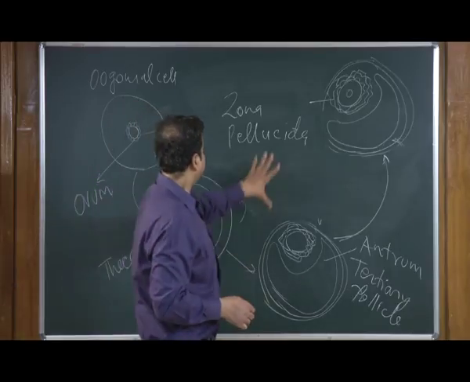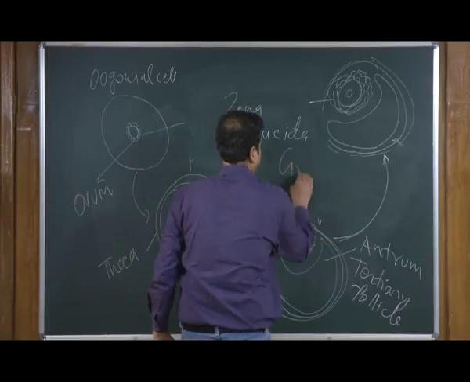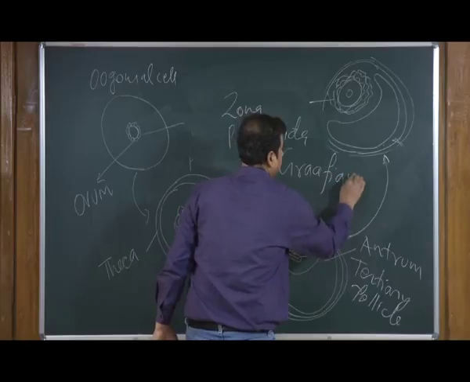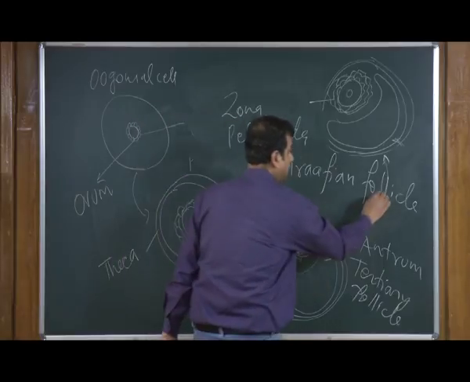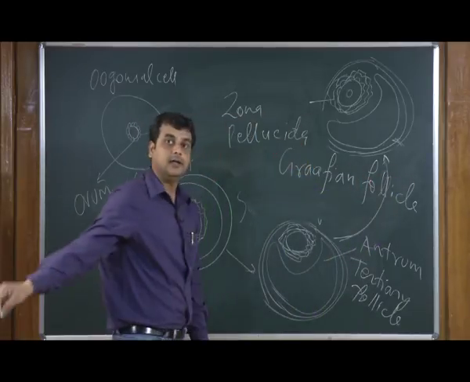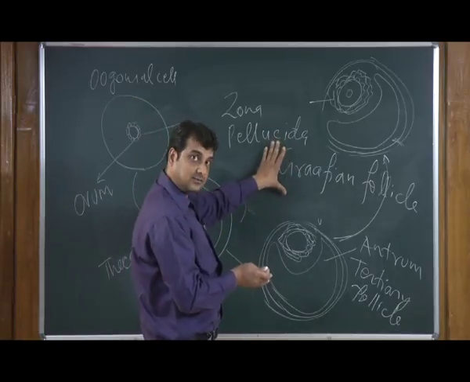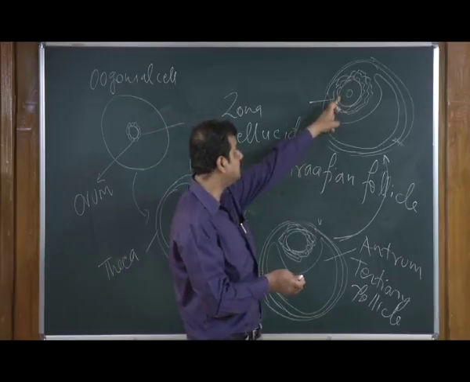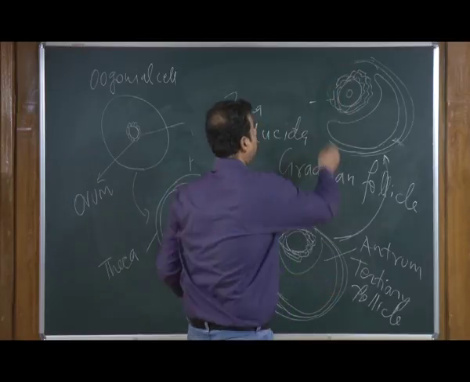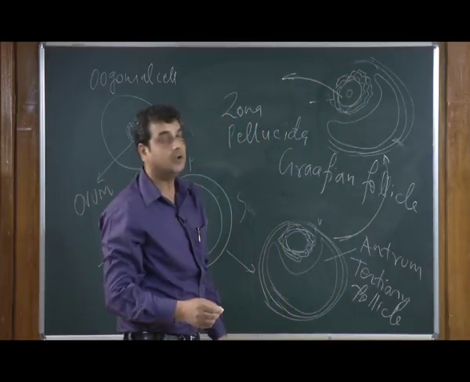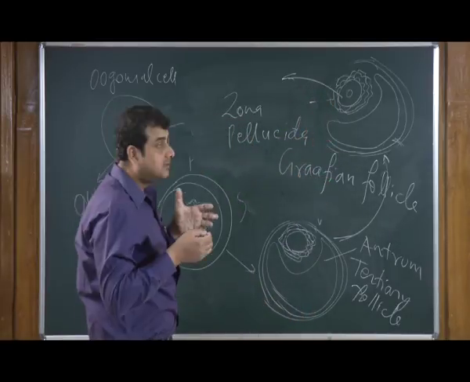Now this matured structure containing the zona pellucida is what we call the Graafian follicle. The Graafian follicle is the matured follicle having the zona pellucida layer containing the ovum. This structure is going to release the mature ova after rupturing of the thecal layer. While it comes out there will be a lot of fluctuation of different hormones.